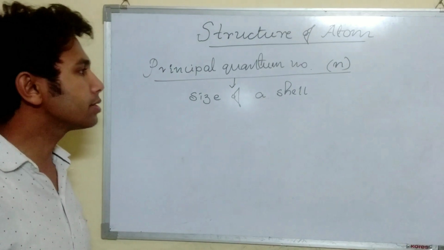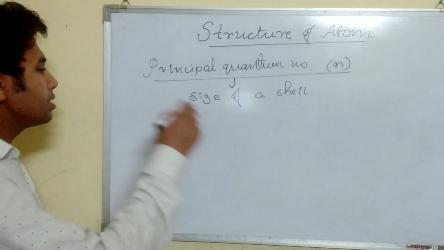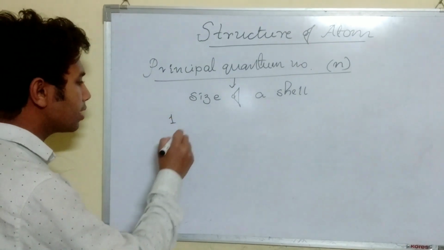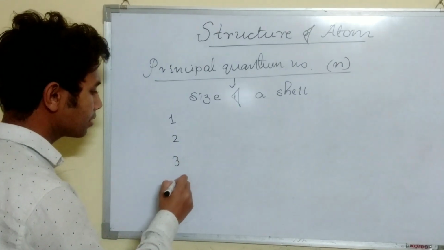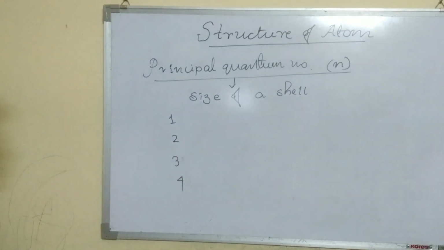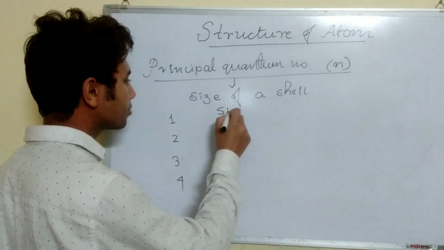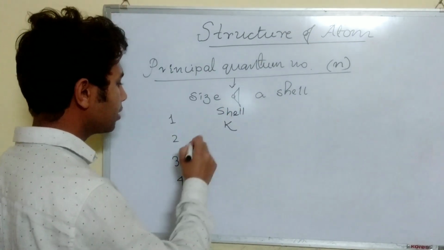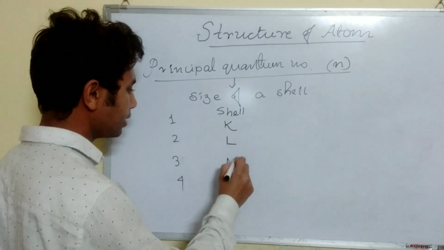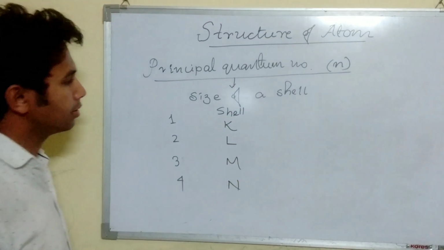Means if we have n value 1, 2, 3, 4, then these will represent the shells K, L, M, N, like this.